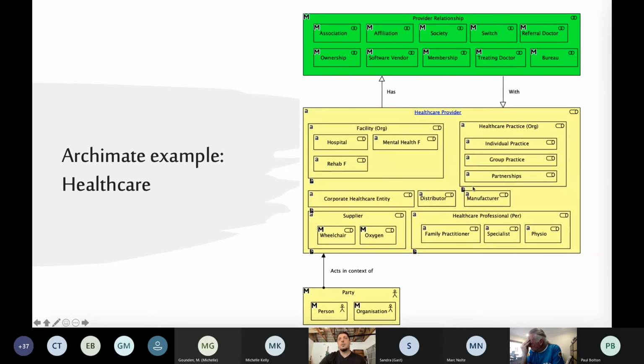And these parties that play a specific role have relationships with other parties through their roles. And again, we could say here that a person is maybe a family practitioner, so the practitioner relationship would be there above. And you would have another person here who could be something like a patient.